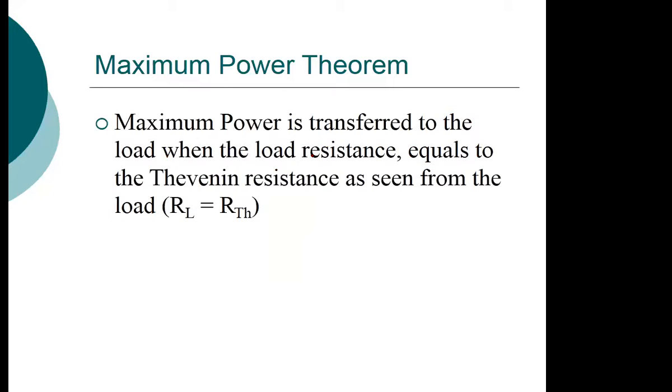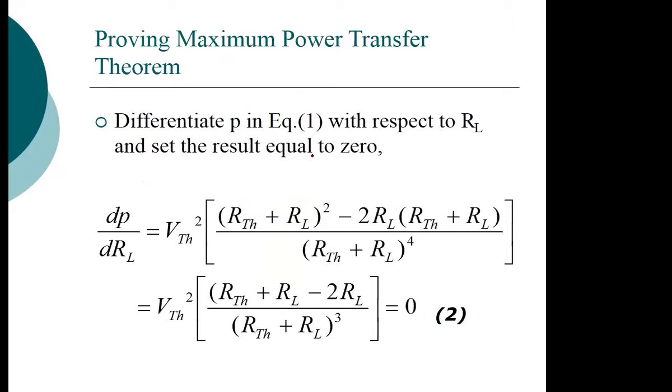So if you want to state the theorem, you say that maximum power is transferred to the load when the load resistance is equal to Thevenin's equivalent resistance as seen from the load or from the terminals where the load is connected. So RL should be equal to R Thevenin. And if that is the case, that is the proof. You don't need to prove it, right?